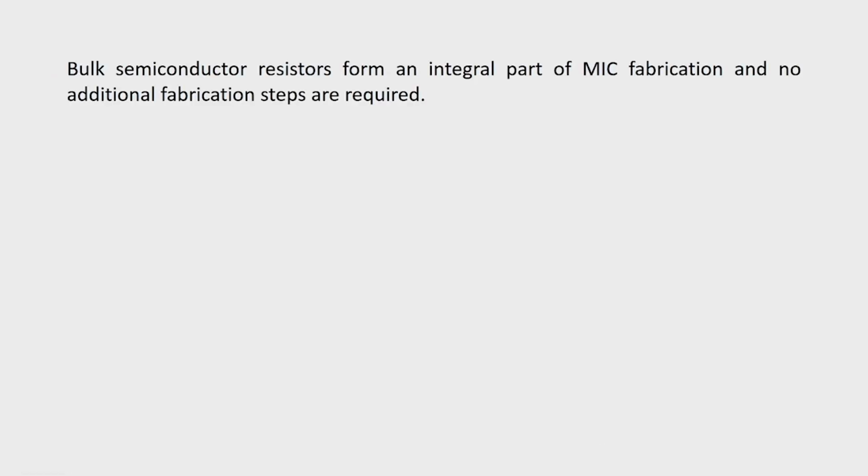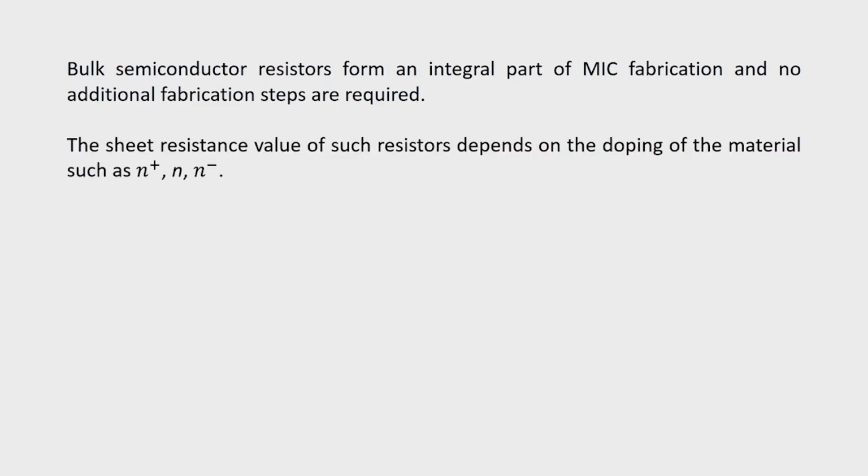Bulk semiconductor resistors form an integral part of microwave integrated circuit fabrication and no additional fabrication steps are required. The sheet resistance value of such resistors depends on the doping of the material such as N plus, N or N minus.